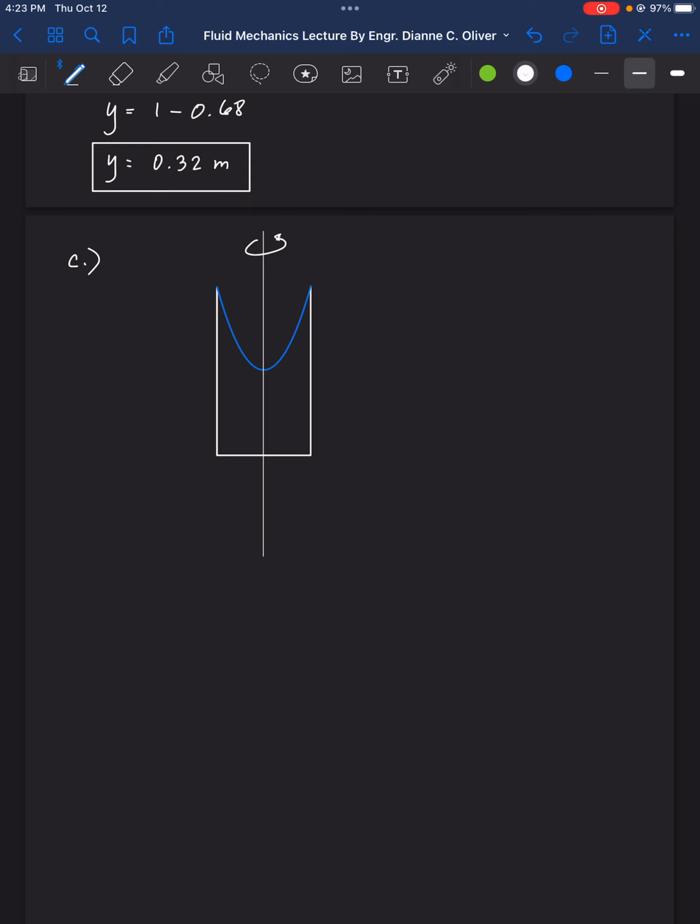As the container rotates, the force on the wall looks something like this, so a greater force will go on the bottom. So the question here is, what is the force F? If you look at this portion here, what can you see there?